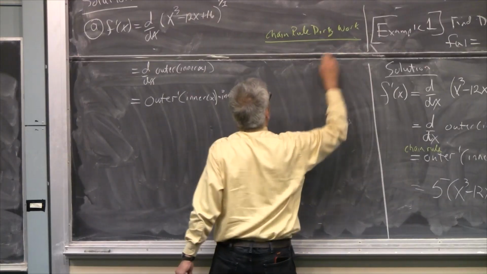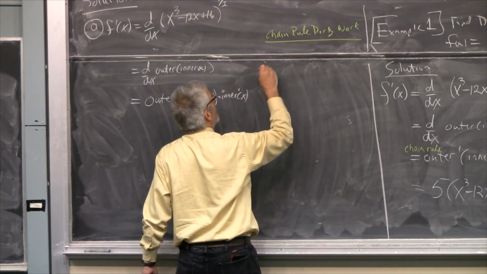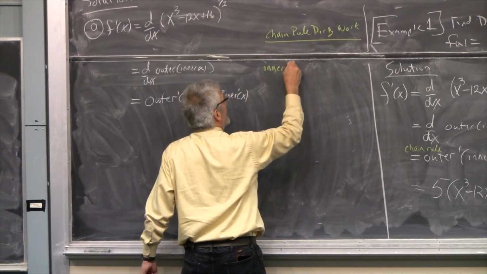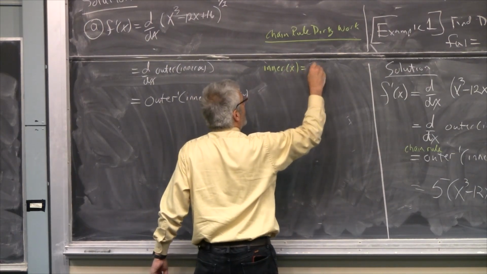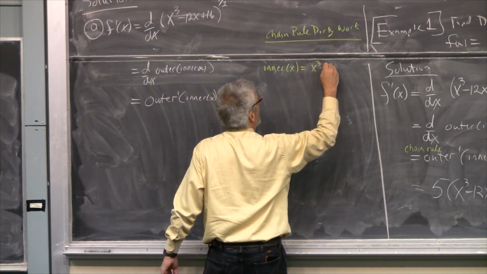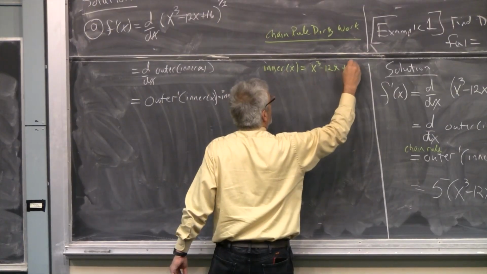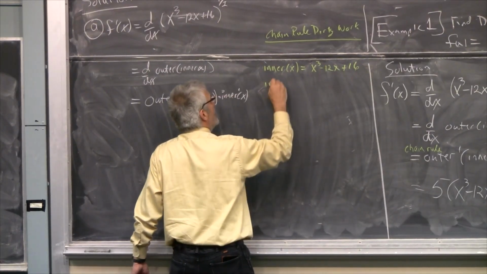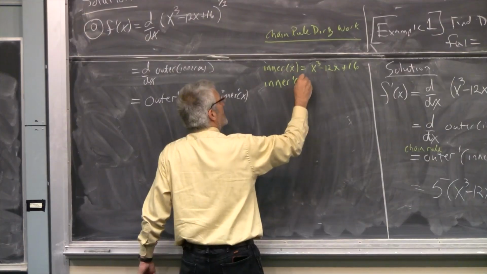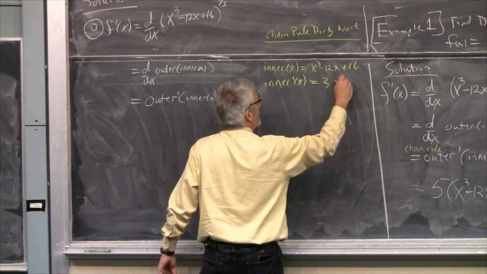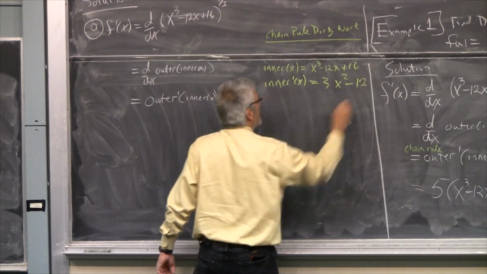So part of this is easy. We have the same inner function. Inner of x is again x cubed minus 12x plus 16. So inner prime is again 3x squared minus 12.